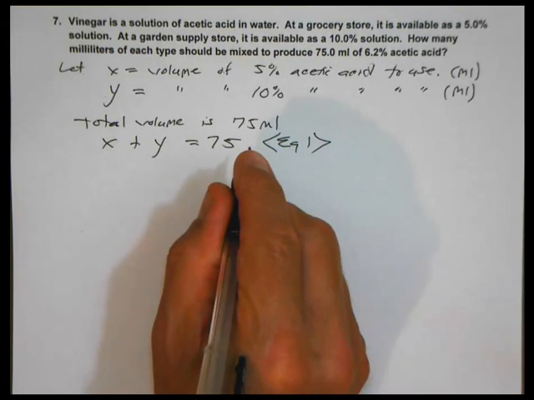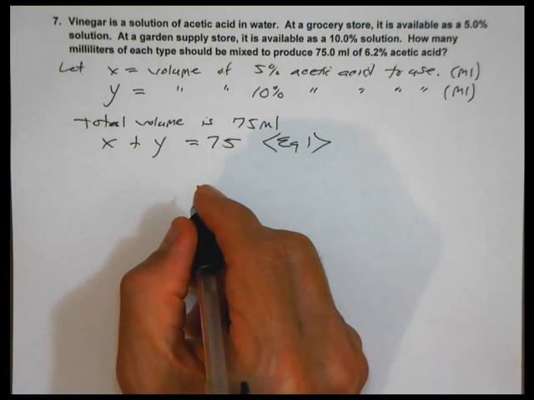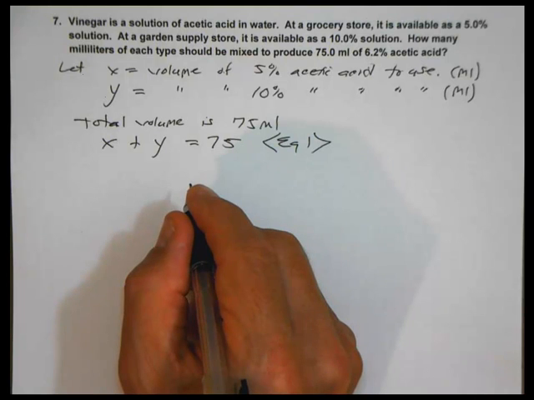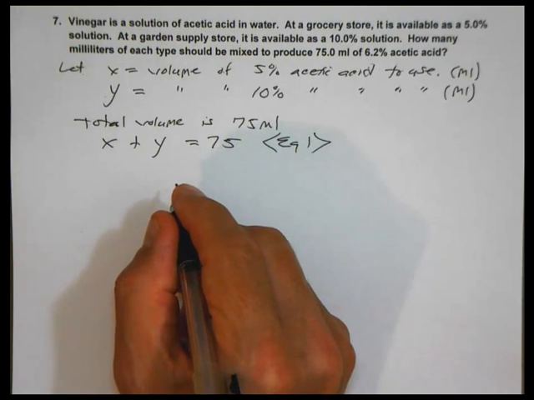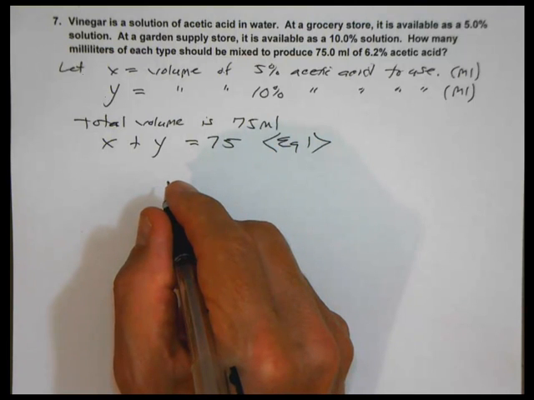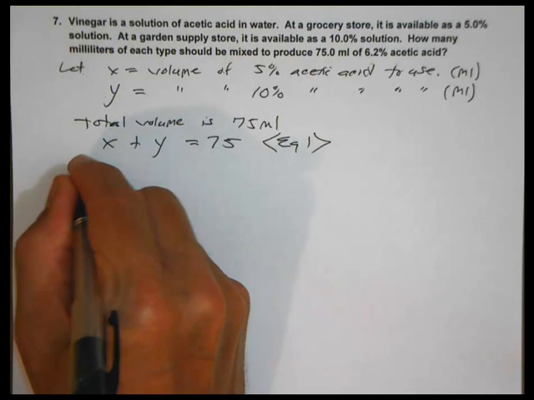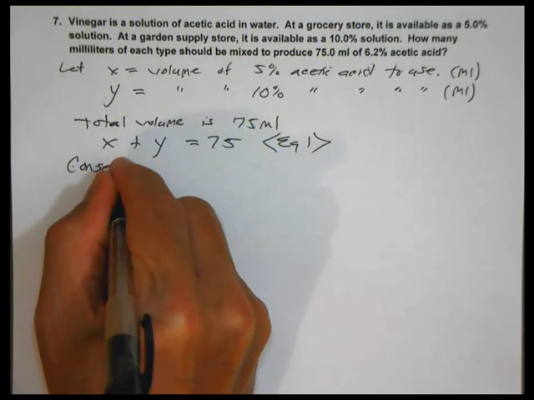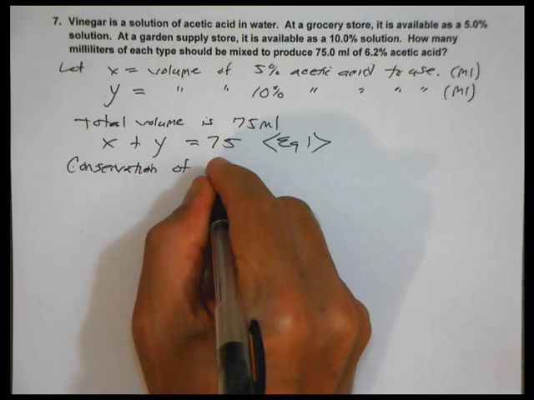In this case here, we can use it to conserve the acetic acid itself. Now, since there are no chemical reactions in this process, we're just mixing things, we can go with conservation of acetic acid.